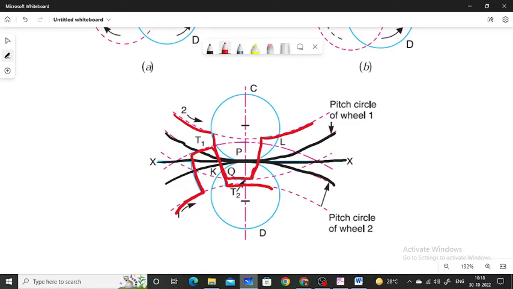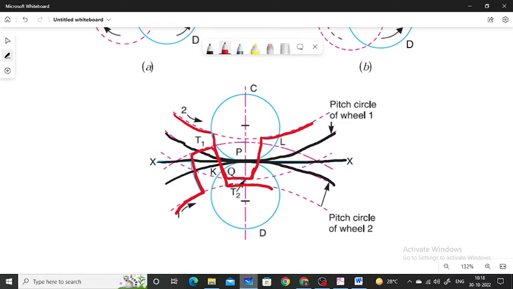In this diagram, a point on the circle D will trace the flank of the tooth T1. Okay, when circle D rolls without slipping on the inside of the pitch circle of wheel 1, the face of tooth 2, when the circle D rolls without slipping on the outside of the pitch curve of wheel 2.